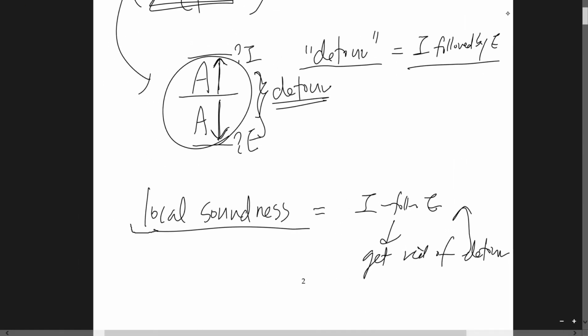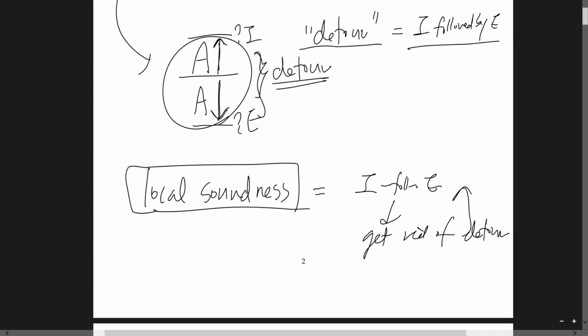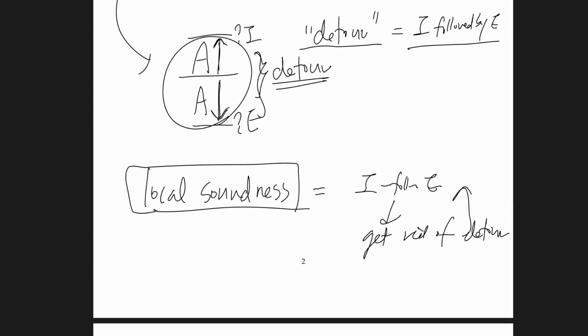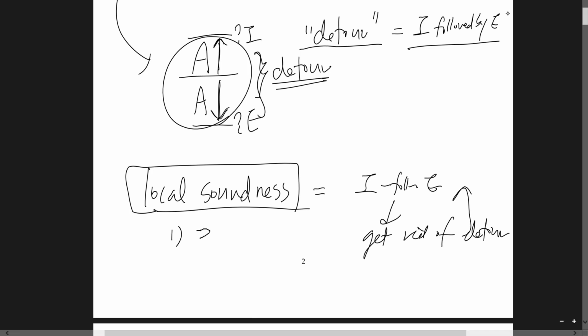But in the statement of this local soundness, we had to consider every logical connective. For example, we consider implication introduction followed by implication elimination. We can get rid of this with this beta reduction. Beta reduction, basically it's a function call.